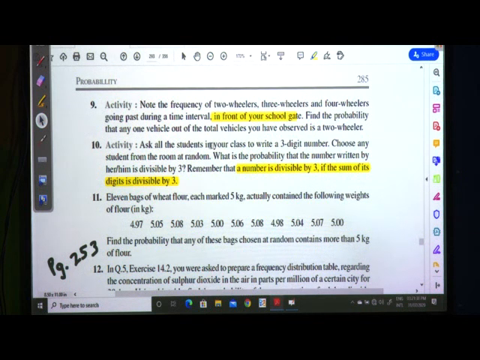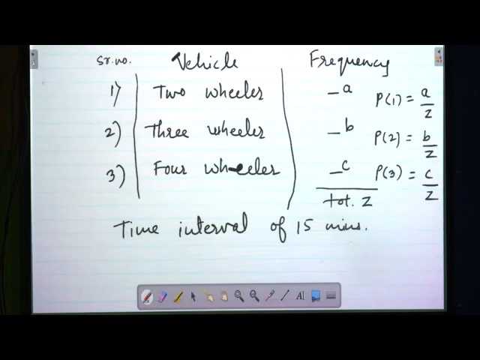Ask all the students in your class to write a 3-digit number. This activity you can modify. Instead of asking all the students in your class, one simple thing you can do is write 3-digit numbers randomly yourself. I will show you here.